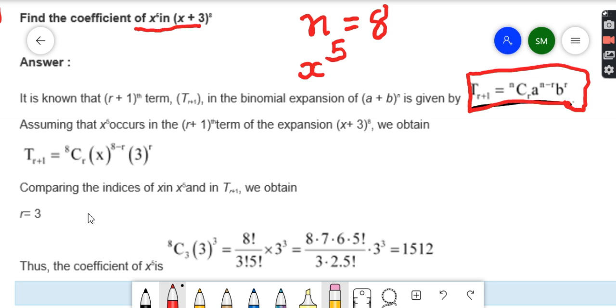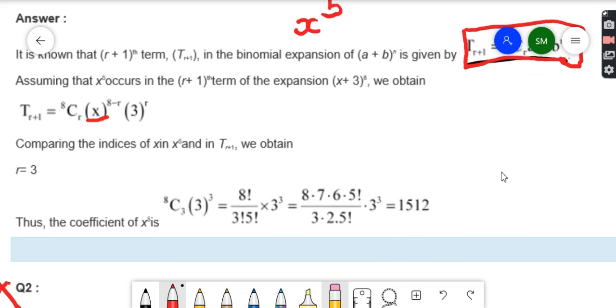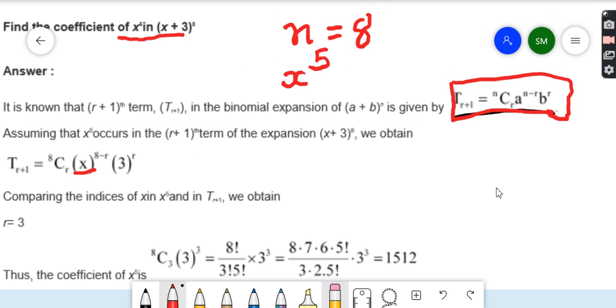Okay, now let us see. First of all, I am just replacing the value of r, I don't know what the value of r is. T r plus 1, 8Cr we have to find out. x raised to n is equal to 8. Alright, as I explained above also. n equal to 8. 8 minus r. 3 raised to r.